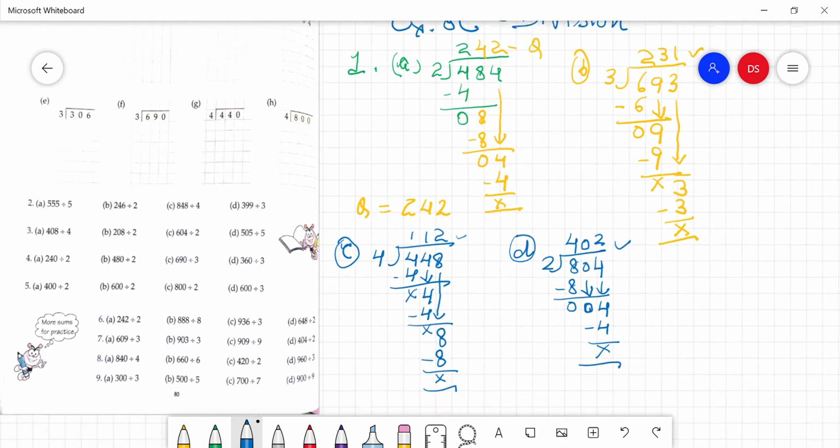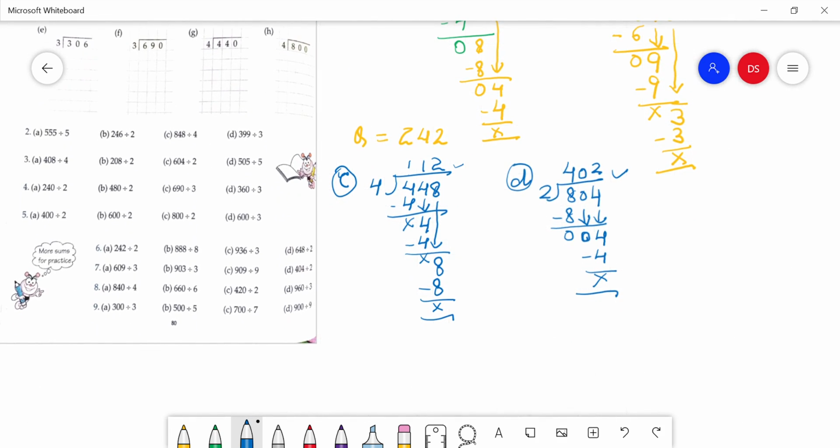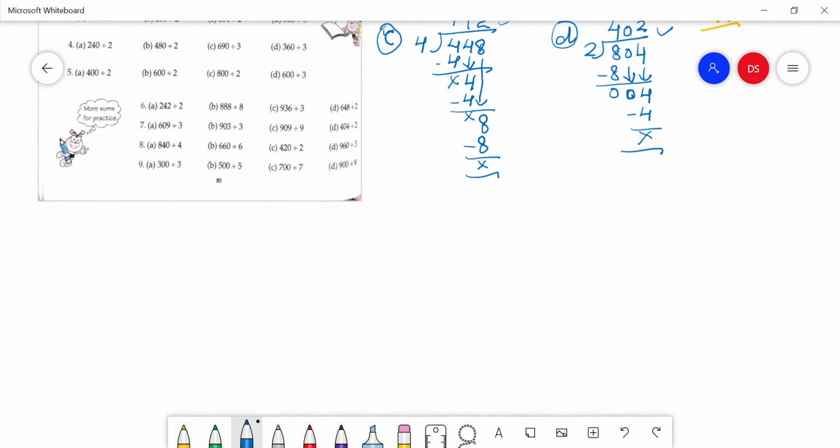Now we will do E part. Here the dividend is 306 and divisor is 3. Let's start. 3 1s are 3. 3 minus 3 is 0.